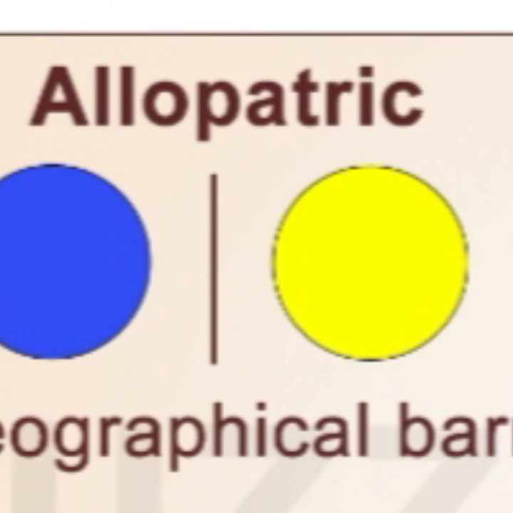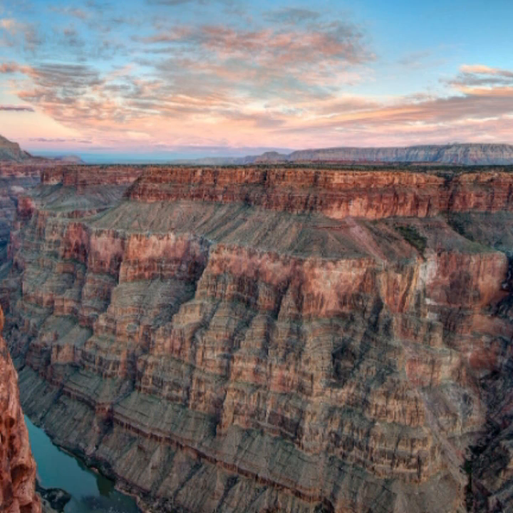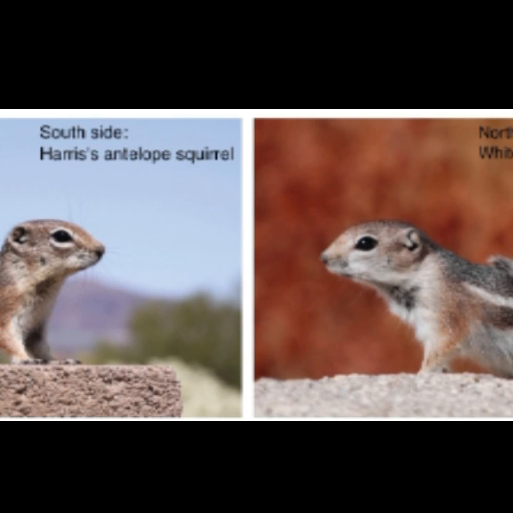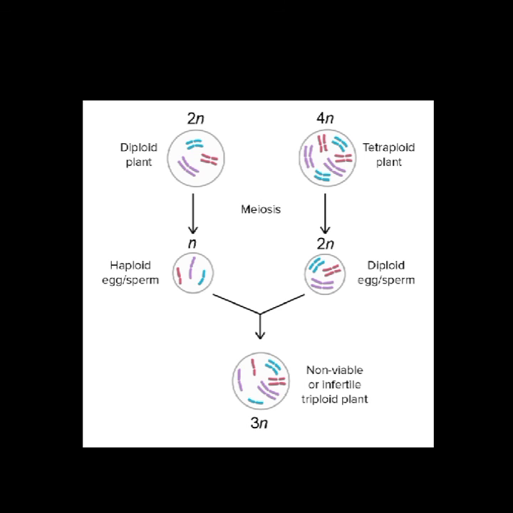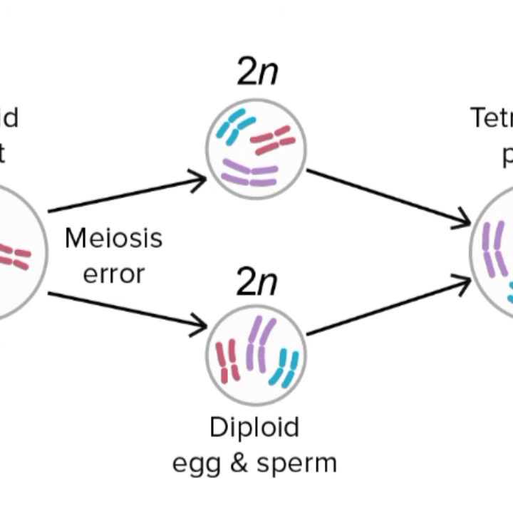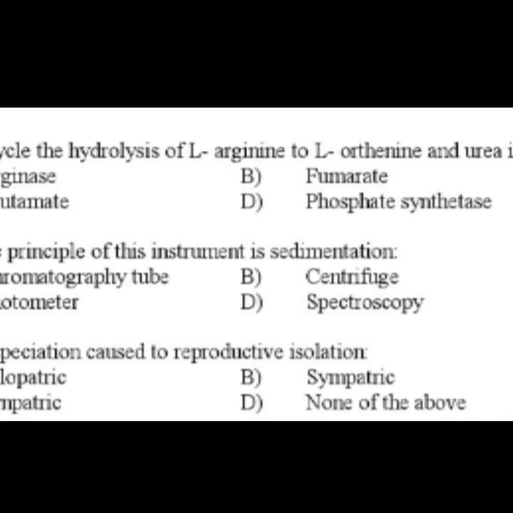In allopatric speciation, groups become reproductively isolated and diverge due to geographical barrier. In sympatric speciation, reproductive isolation and divergence occur without geographical barriers, for example by polyploidy. So the answer is option B, sympatric speciation.